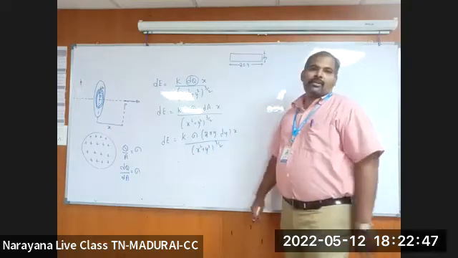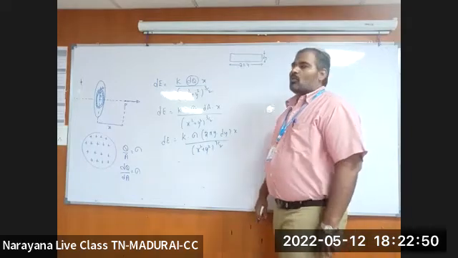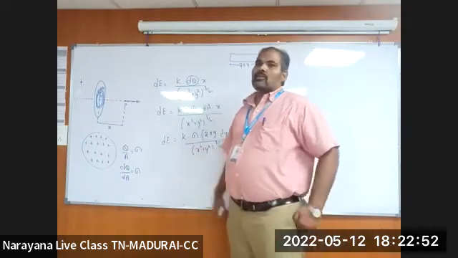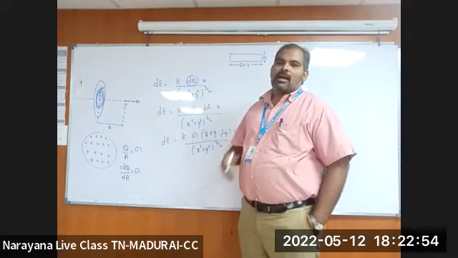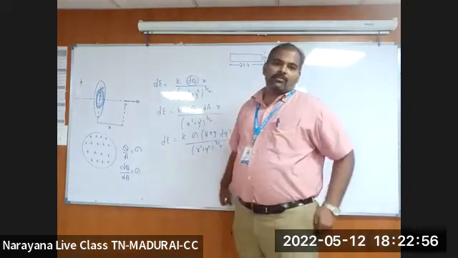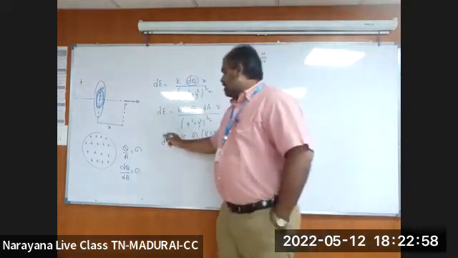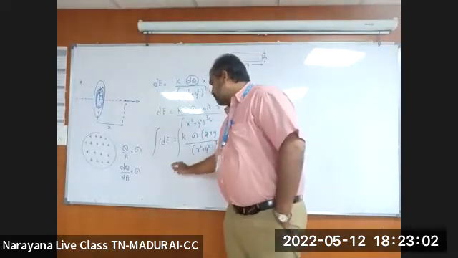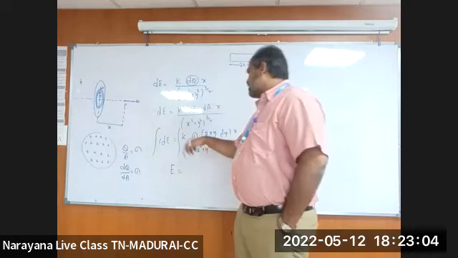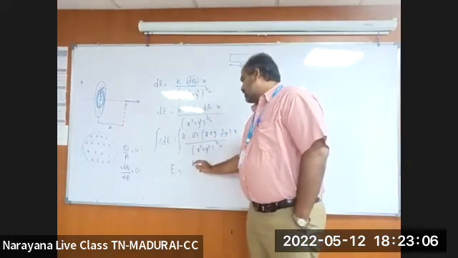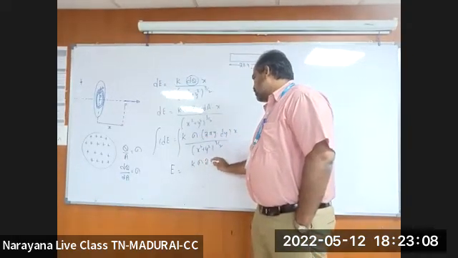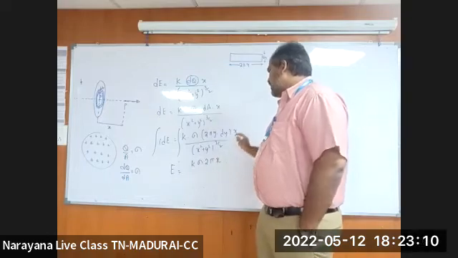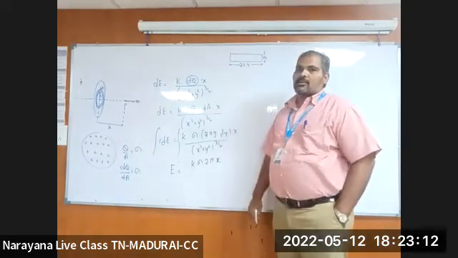Constants you have to write this side. Yes, sir. This is only the electric field due to the ring element only. I want the total electric field. What should I do? Integrate on both sides. The integration of dE is E, and constants I will write outside: K into sigma into 2 pi, and for every ring x is constant only.